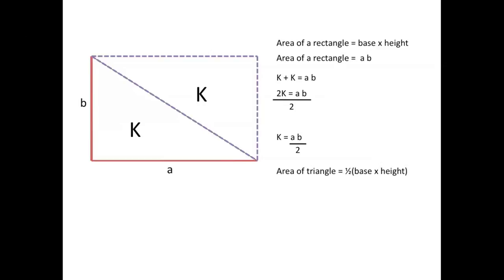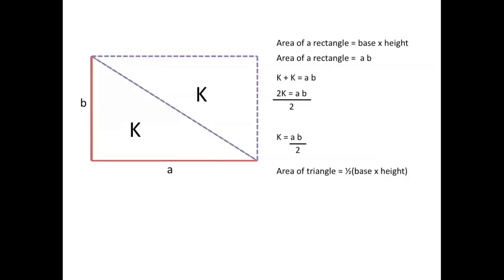And this can also be written as, because if you remember, A is representing the base of our triangle, and B is representing the height. So we came to a conclusion that K is equal to half A times B, which can be written as a general formula, half base times height.